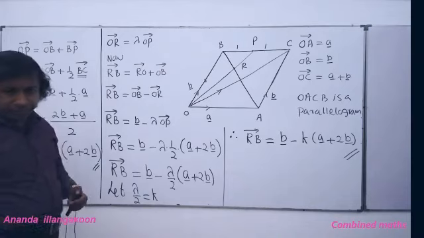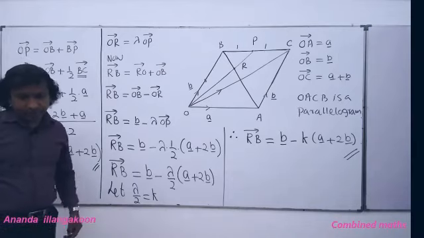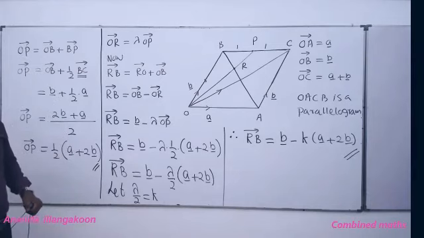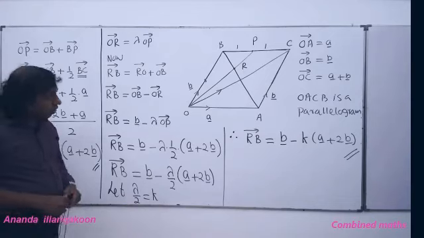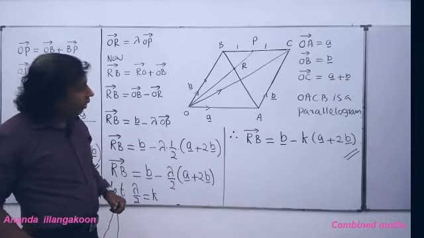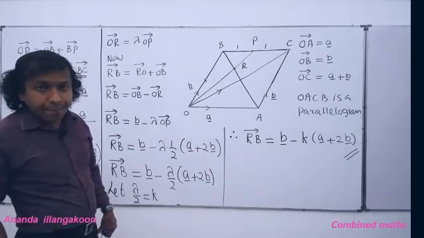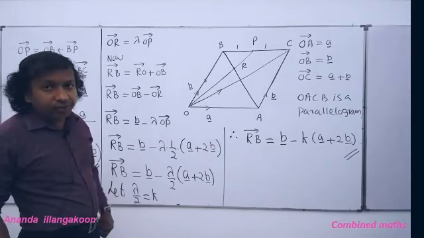Right. Now, the next one asking: show that the AR to RB ratio is 2:1. Then I am going to assume like this.